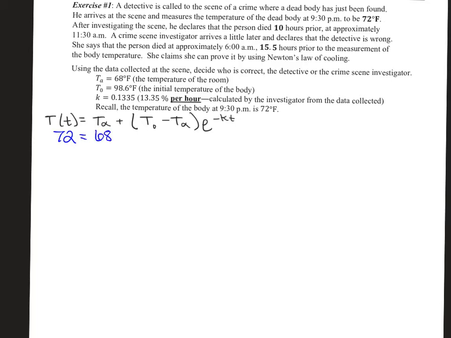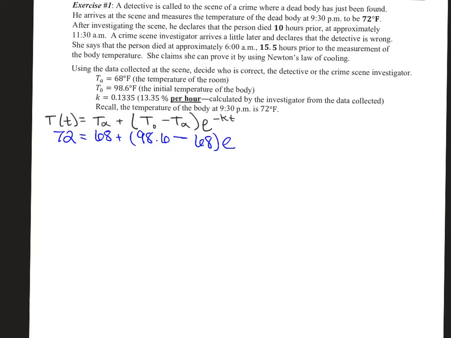So that's 68 degrees. The initial temperature of the body, we are going to put in 98.6 degrees minus the room temperature again. So yes, that's in there twice. I didn't mention this earlier because we were just talking about what everything stood for, but please notice that there is an e in this equation, the e that we know.